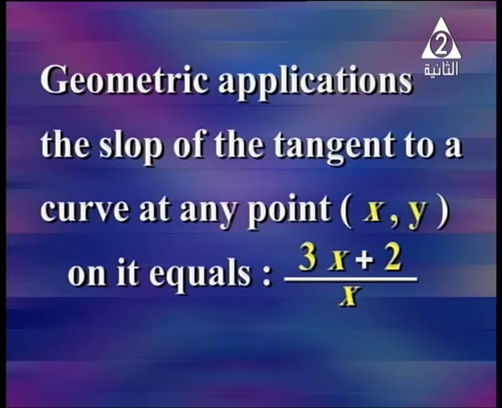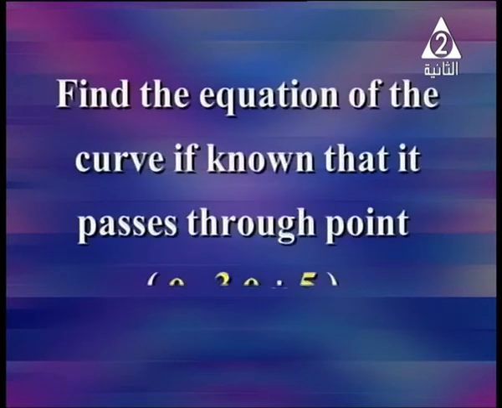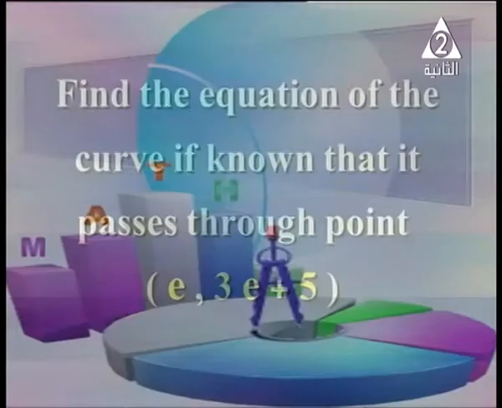What is the slope of the tangent, dear student? dy over dx. The slope of the tangent to the curve at any point (x, y) equals 3x plus 2 over x. Find the equation of the curve if we know that it passes through the point (e, 3e plus 5).